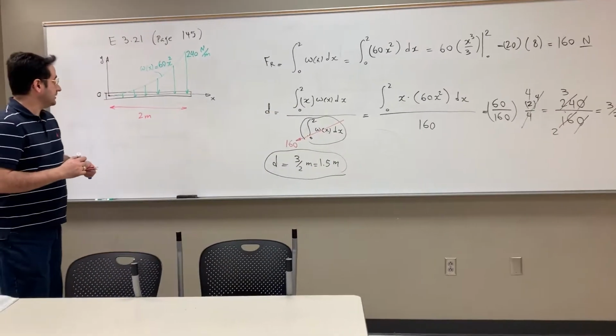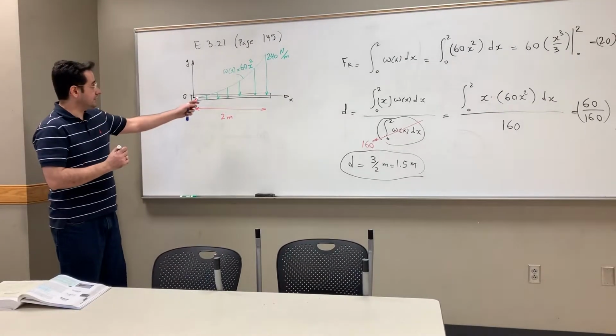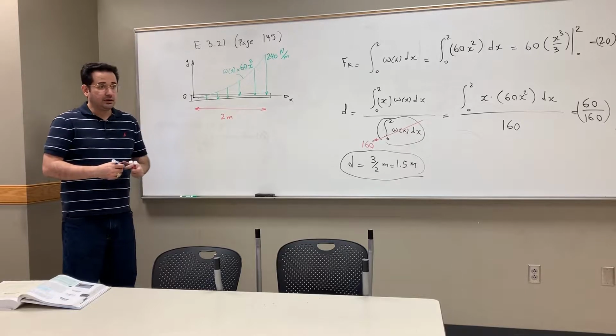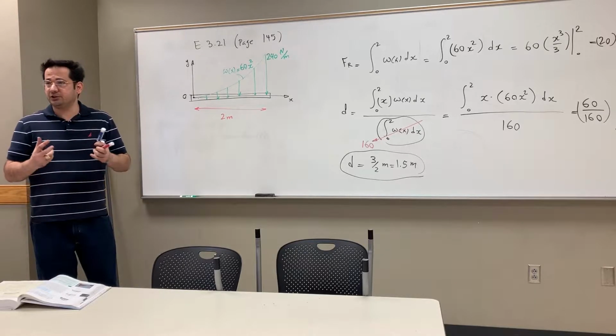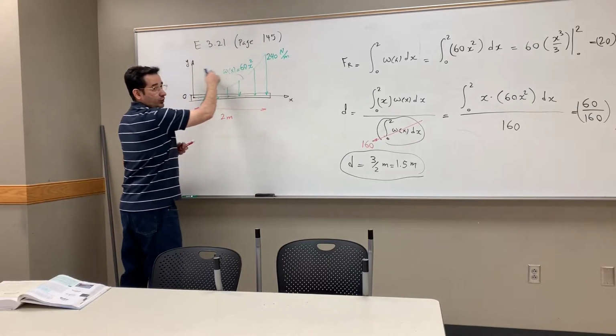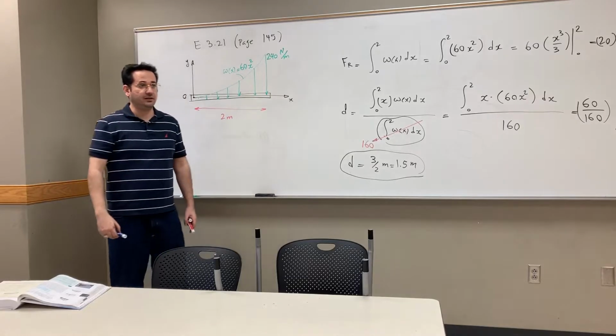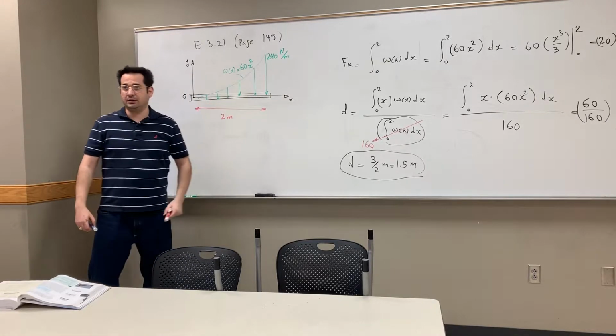That's what we get. Now come back to the picture. See the figure? Now let's go to some engineering intuition. If I had a uniform load, what would be the D, the distance at which the point force acts, if it was completely uniform?